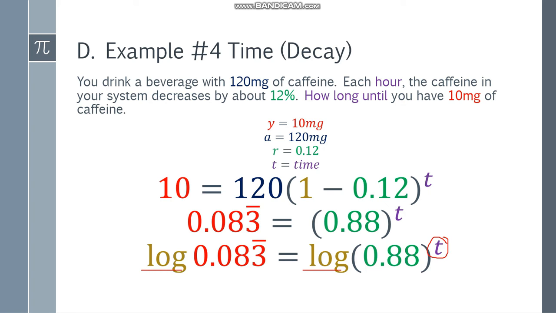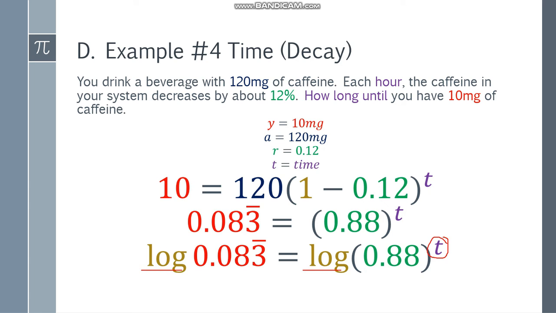So log 0.083 repeating decimal is equal to log of the quantity 0.88 to the t power. I'll also have videos about how to solve logarithmic equations using the properties of logarithms. I'll post the link in the description box below.